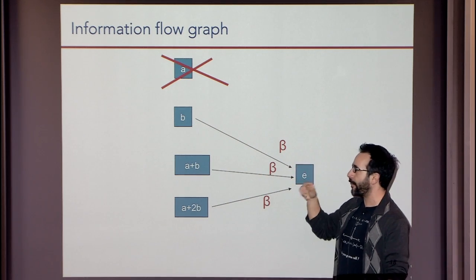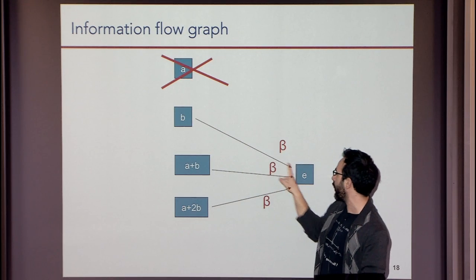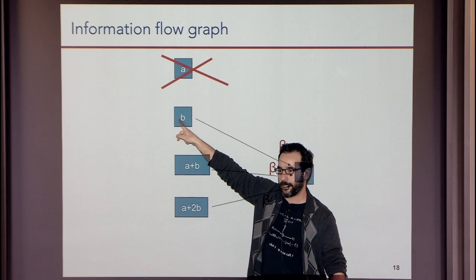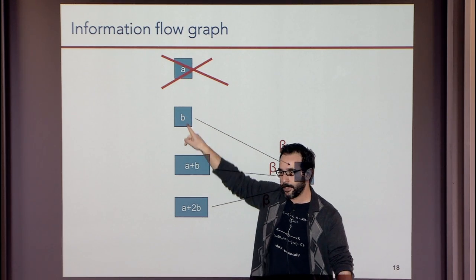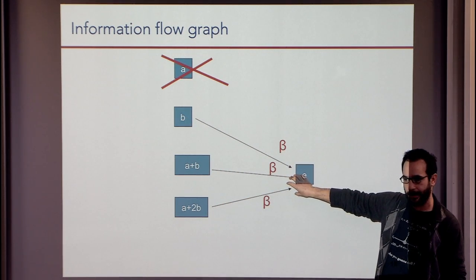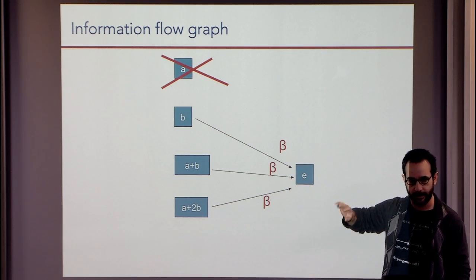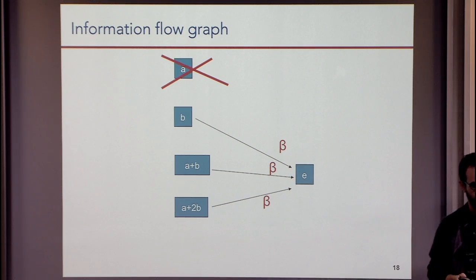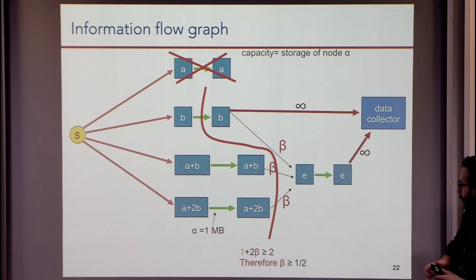These 2 must know everything about the data, but this guy got everything he learned from here, which you're already getting from here. So this is useless, and this is 1 megabyte you're getting from here. So this information better be 1 megabyte also, right? That's exactly the same thing as what I said before. I'm just telling you the same argument in another way. Okay, so that's how you can prove that the repair communication must be greater than 1/2.